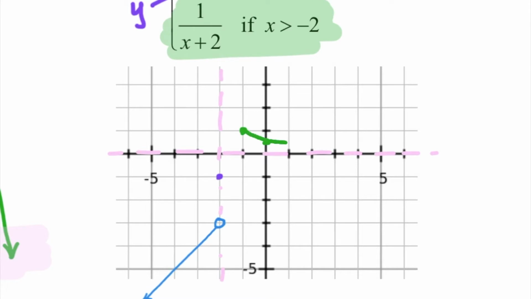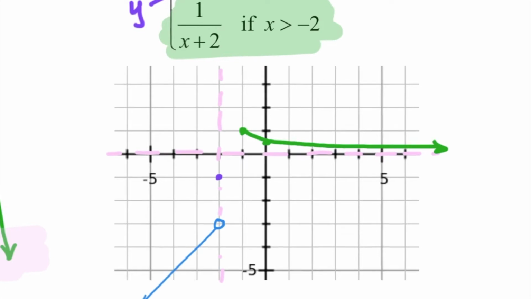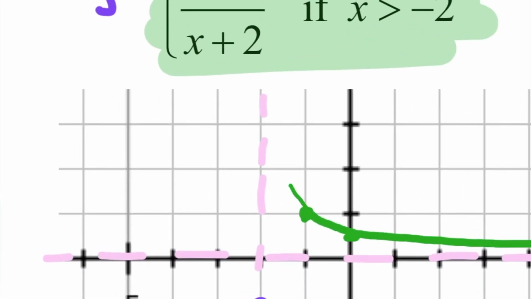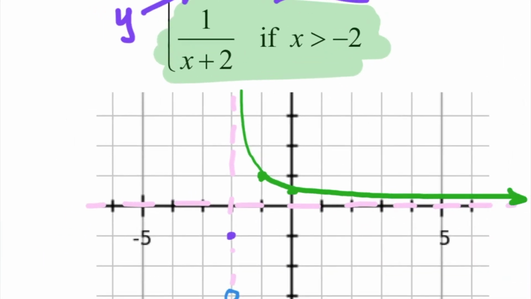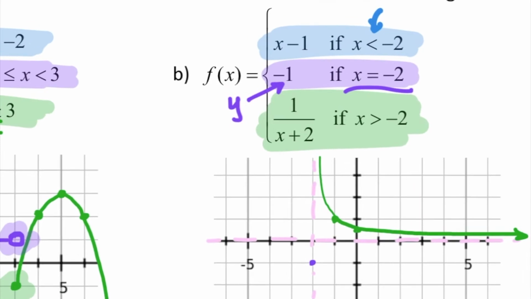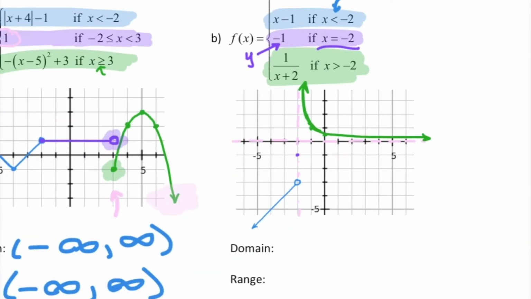And from those places, it's going to get closer to the asymptotes. This is kind of tricky for me to draw on the iPad and have it be accurate, but this is kind of what we're looking at for this graph.